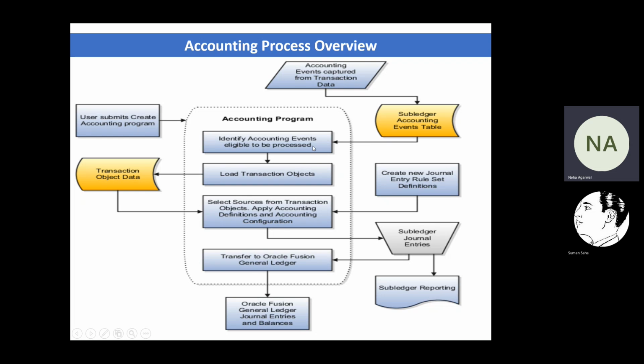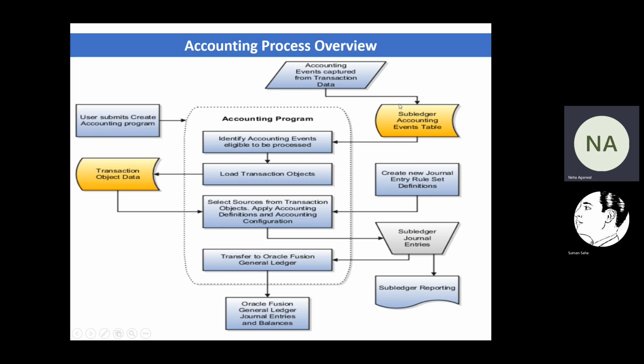So then the accounting events are processed. And from the general entry rule sets that we have created and the transaction objects, their attributes and all, our subledger general entries are created. This is going like this.